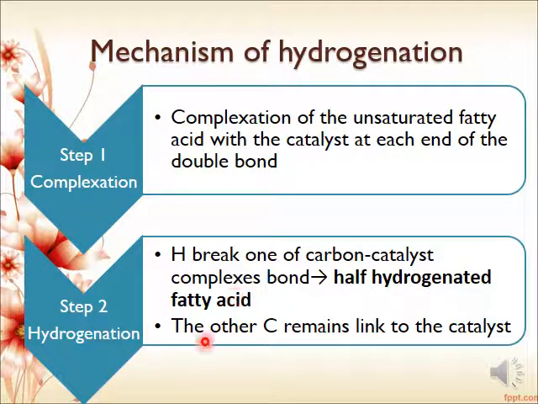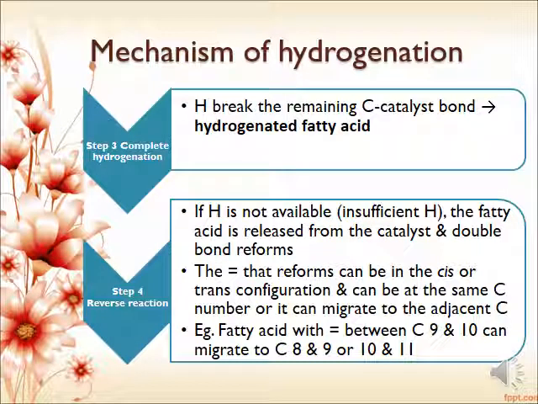The other carbon will still remain complexed to the catalyst. Now, in step 3, complete hydrogenation will occur. It means hydrogen will break the other carbon-catalyst complex bond to form a fully hydrogenated fatty acid.